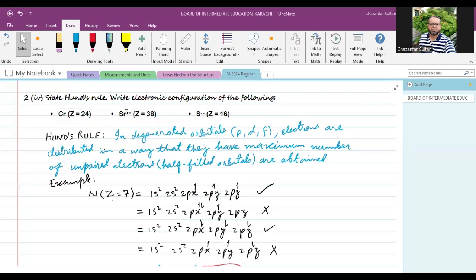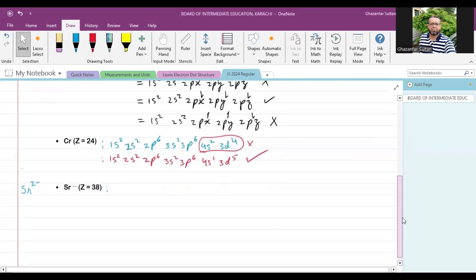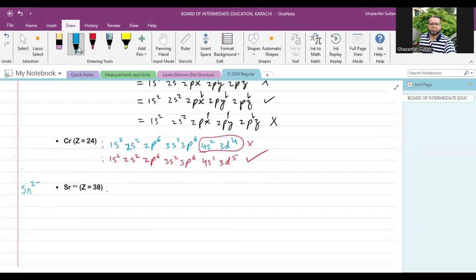Actually, there was a typographical error. This is not Sr minus 1, it is Sr plus plus. So this Sr plus plus means these are Sr2+ ions. And as much charge as there is, that many electrons should be subtracted from the atomic number.